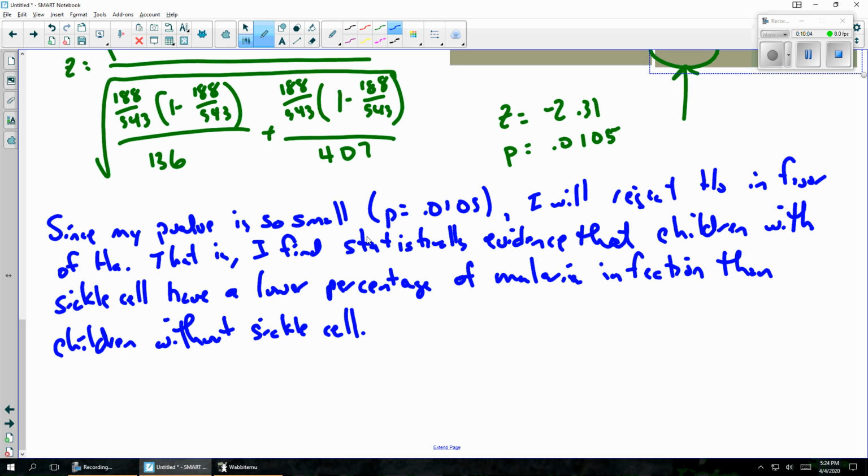There's how you do a two sample Z procedure for proportions.